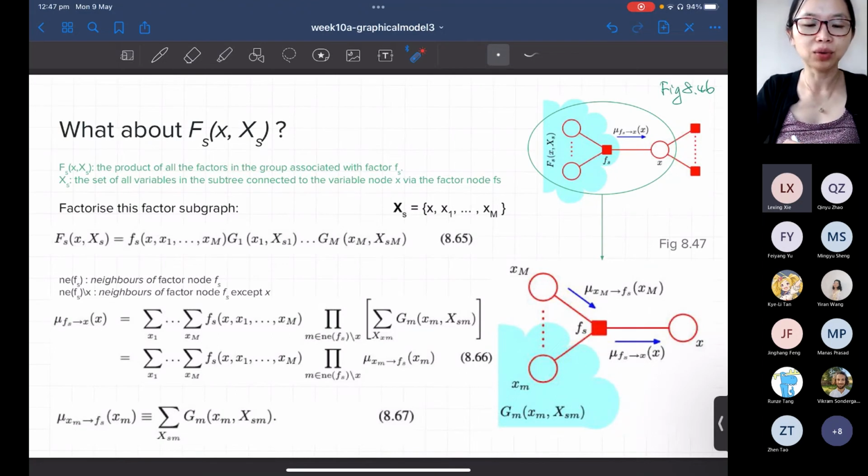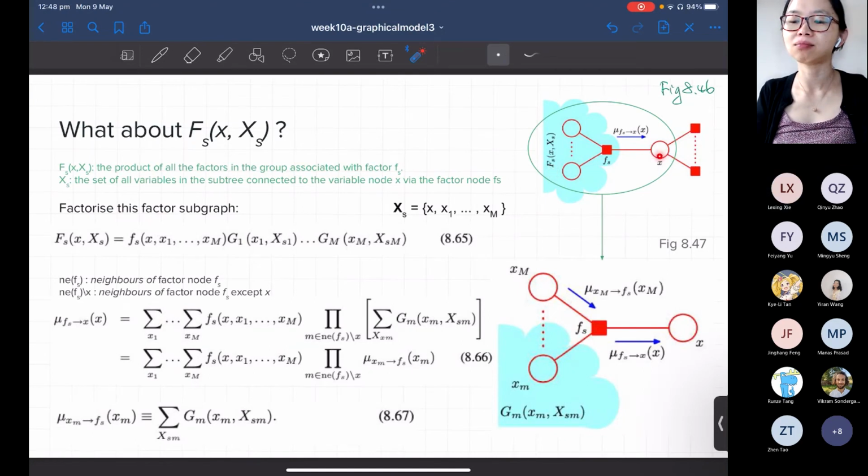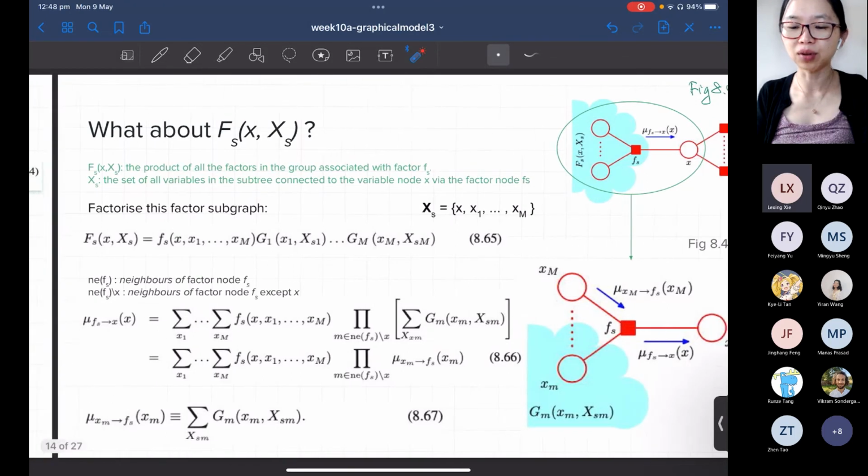So what we want to do is to factorize this factor subgraph. What we have is this subgraph, discarding all the other factors. So let me also try to do this.